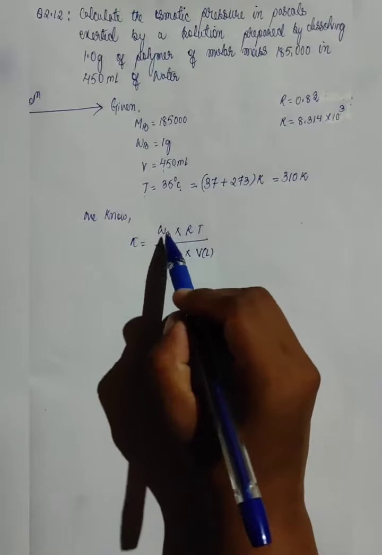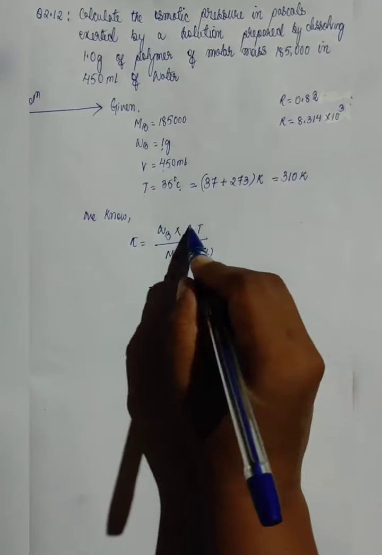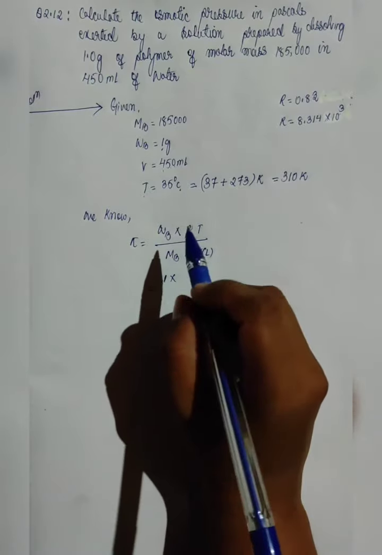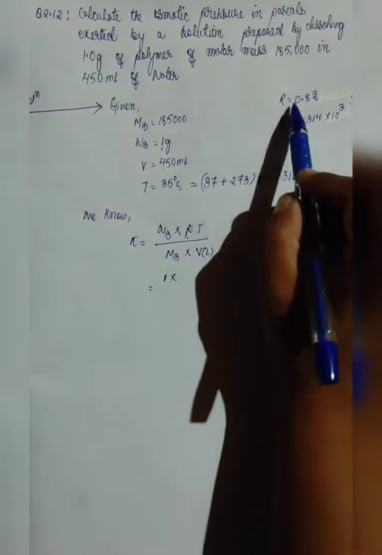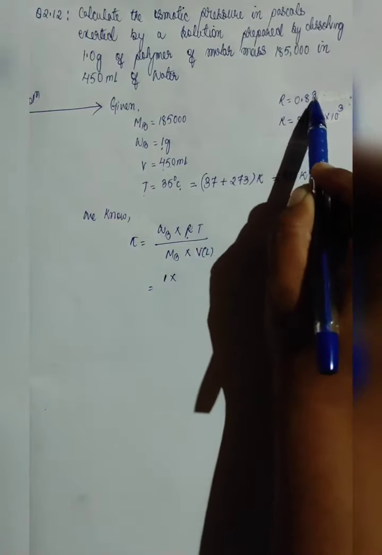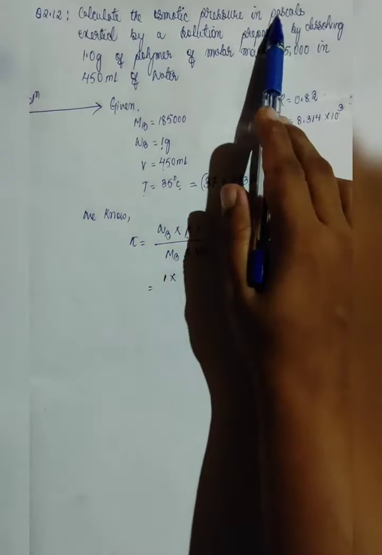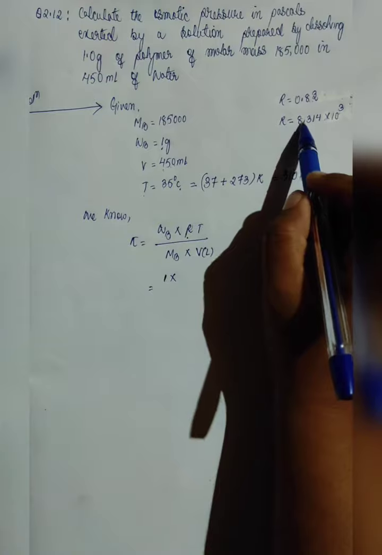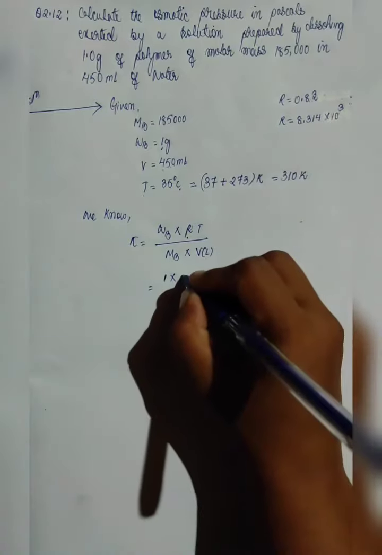Now we know that WB is already given as 1. Now R, the gas constant. Previously we used the gas constant value as 0.83. We used 0.83 because the pressure unit was mentioned as bar, but here it is Pascal. So we will be using 8.314 into 10 to the power 3.